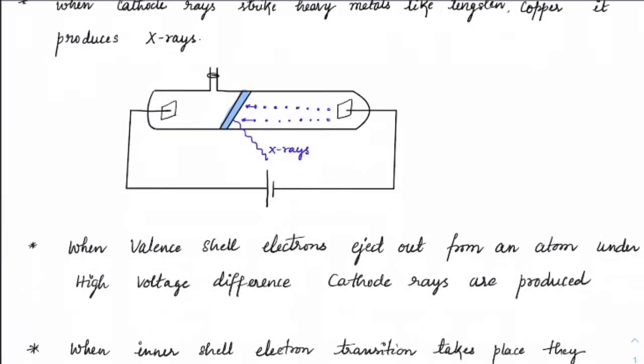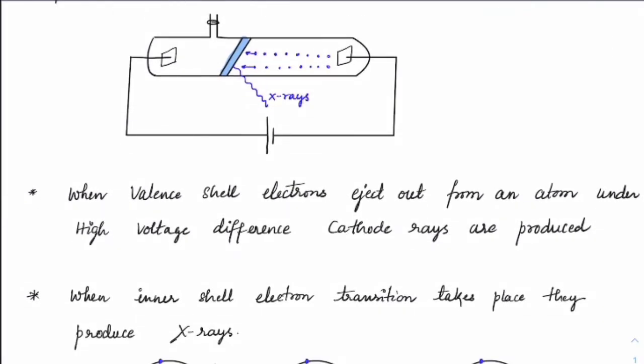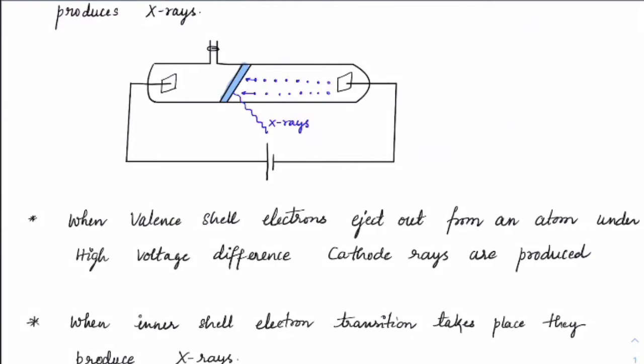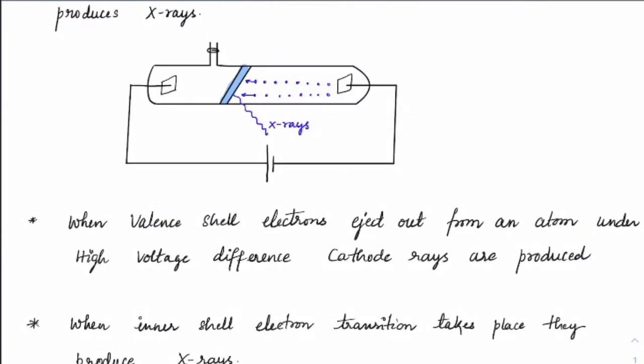Now let us see what are those areas where we have to understand the concept carefully when it comes to cathode rays. See, we know that cathode rays are generated at this negative terminal and they move towards this positive terminal.